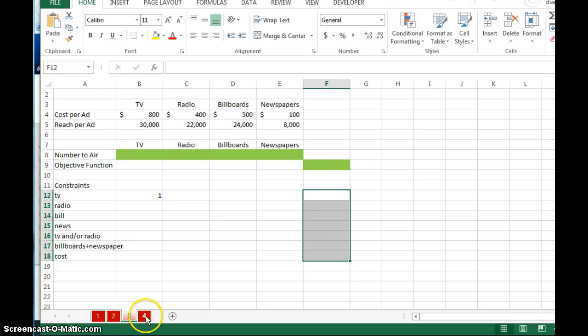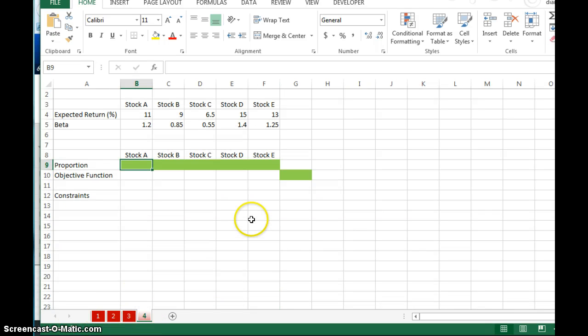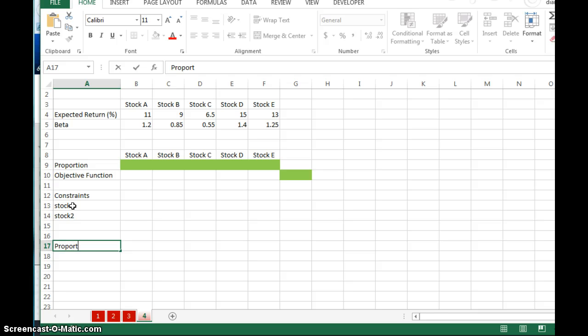Let's look quickly at number 4. Problem 4, you've got some different stocks. So your constraints here are going to be stocks: stock 1, stock 2, each stock. Then you've also got a constraint that says your proportion, your total portfolio can't be more than 1. So you're going to enter a proportion constraint.